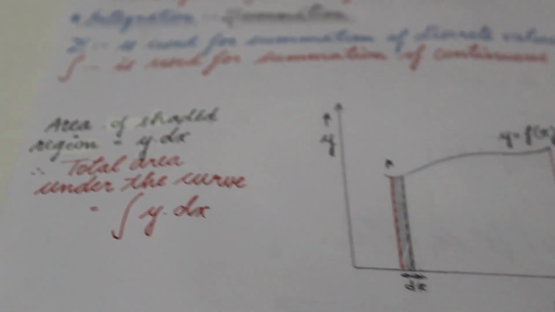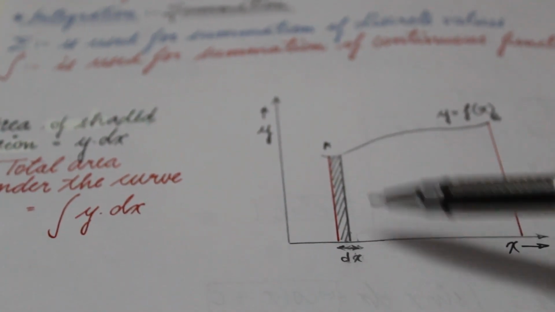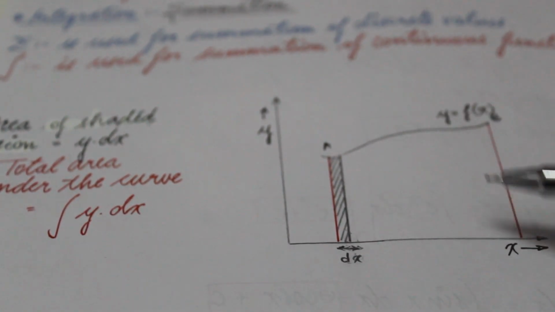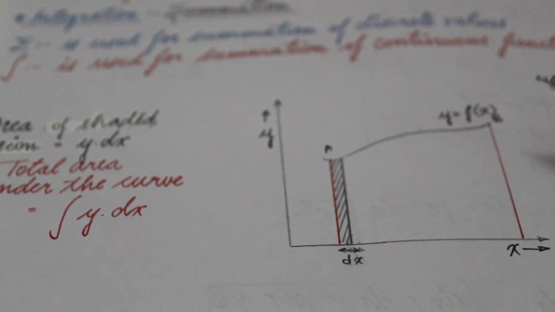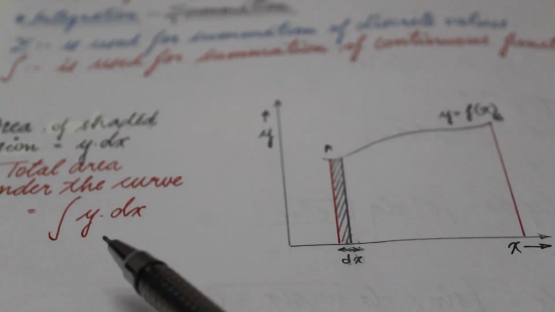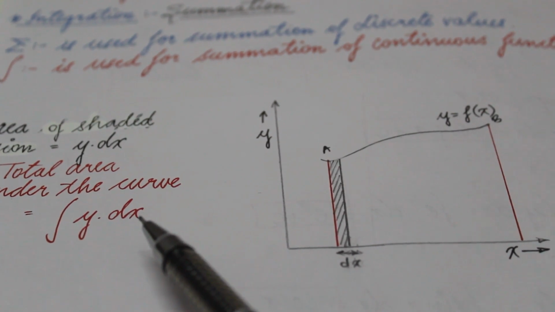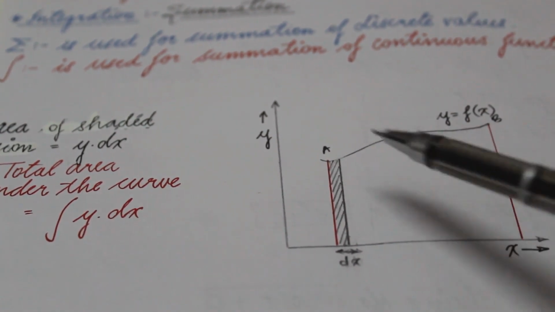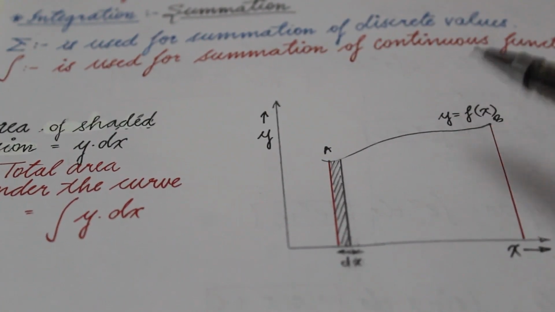How do we find the total area under the curve? As you can see, if I divide it into a number of rectangles, all the rectangles won't be equal, so I can't simply add them up. What I'll do is use the process of integration. Integration is helpful in finding the summation of continuous curves.